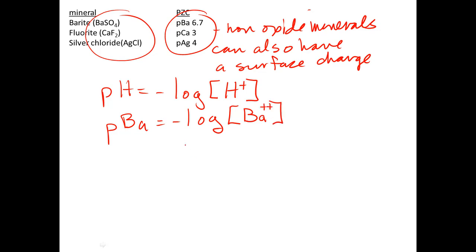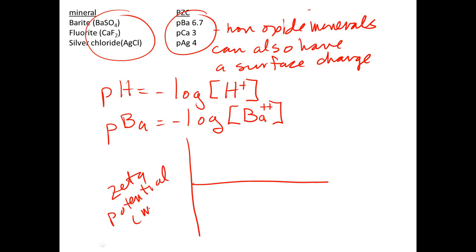And so for something like barite, you could imagine the zeta potential, which has units of millivolts, can be positive or negative, and we can vary the concentration of barium ion in solution.